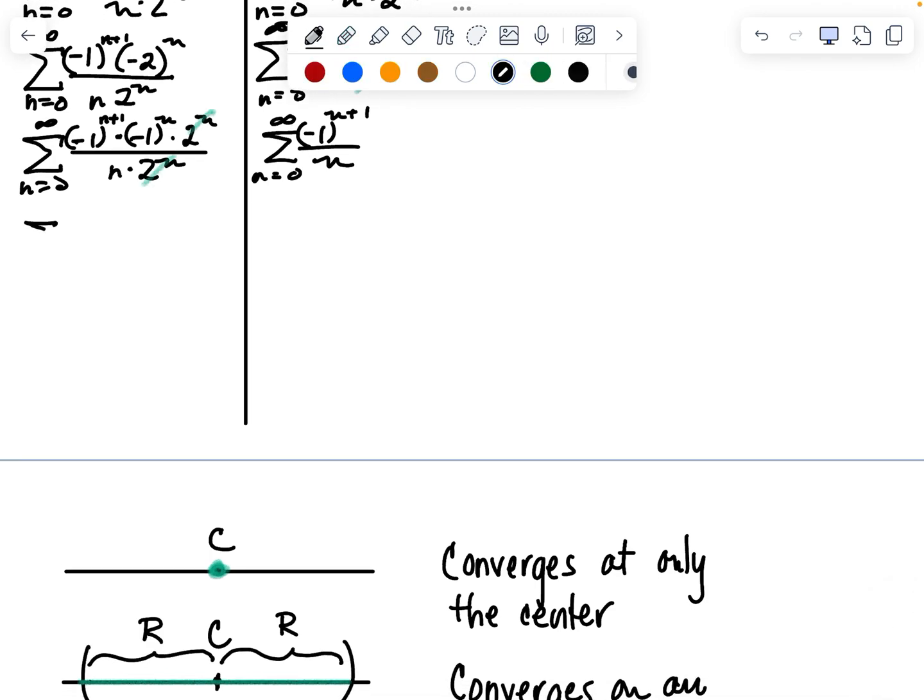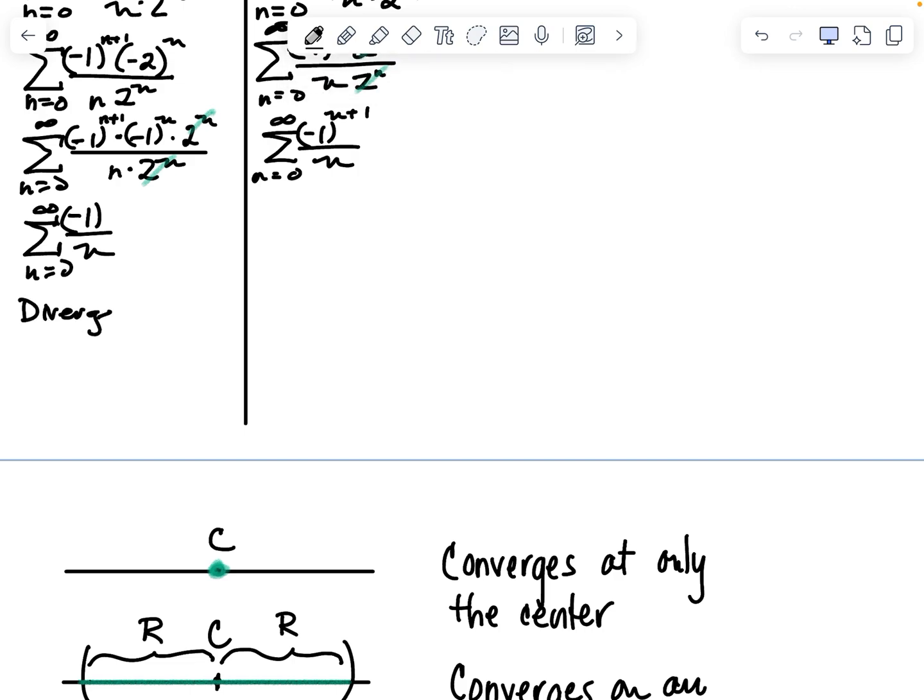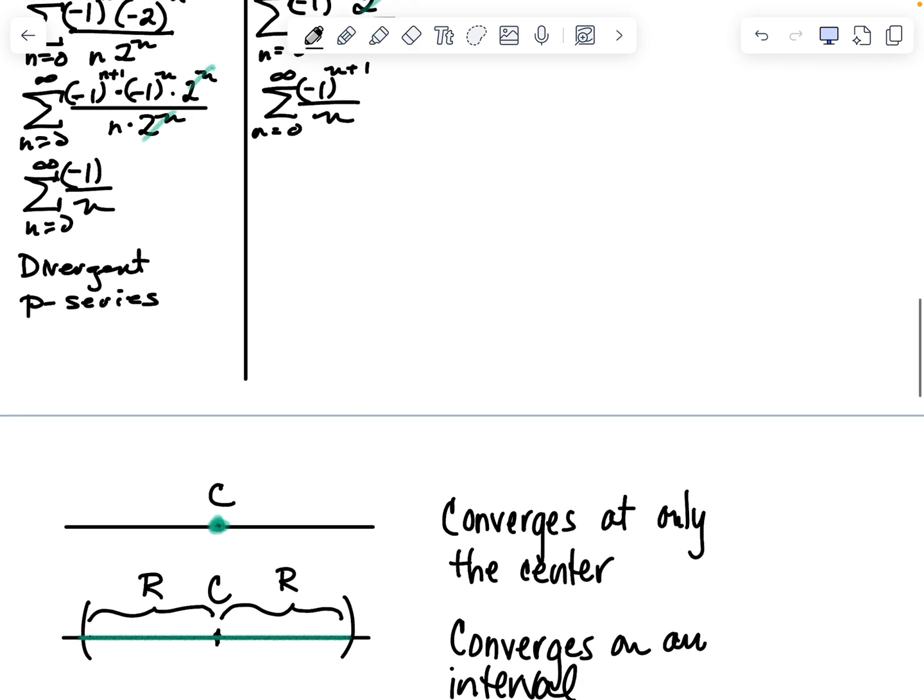What we're left with is the summation from n is equal to 0 to infinity of -1 to the 2n plus 1, which is odd, which means that your -1 factor is always going to be just -1. And then it's -1 over n, which means that it is a divergent p-series. So in this case, it doesn't converge at this endpoint.